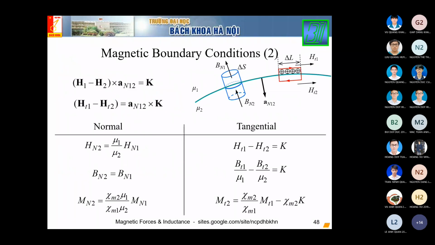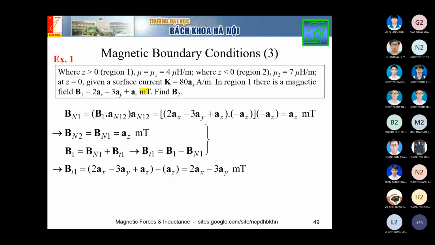Now, if we want to apply the tangential boundary condition, we have to transform this one into H. Of course, this one corresponds to this equation. So we have to take into account the permeability of the two environments.